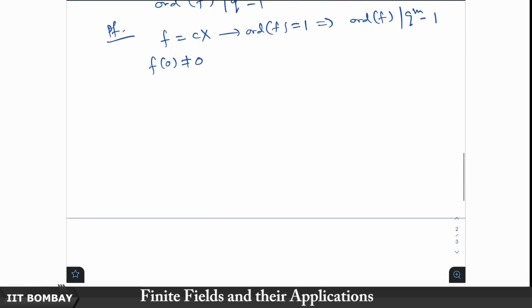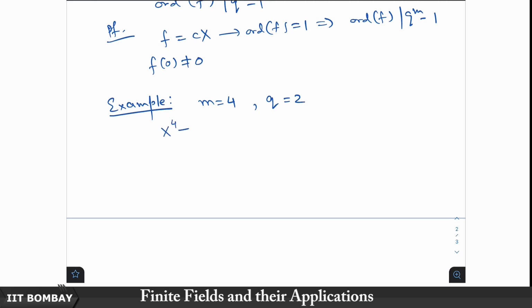Now, let us take some examples to get a feel for the order of irreducible polynomials. Let us take degree m equal to 4 and q equal to 2. So, we will consider polynomials of degree 4 which are irreducible, and we have already seen these examples before.